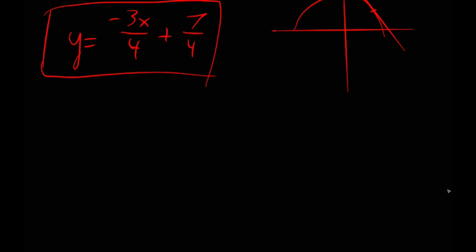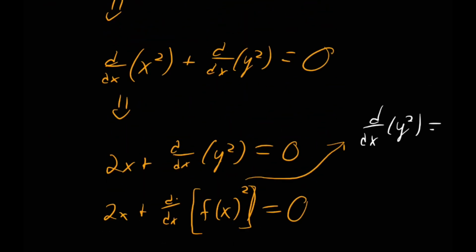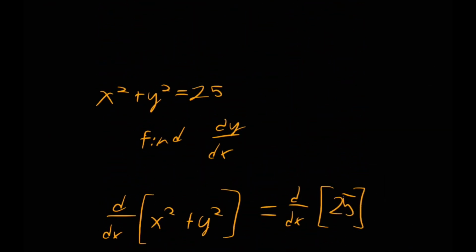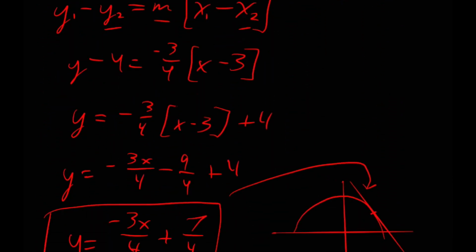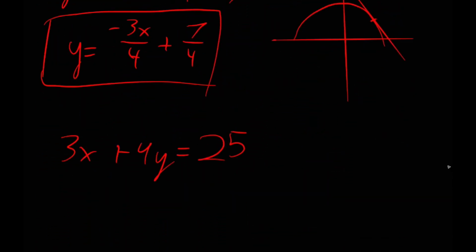We could write this in one other way, and that is 3x plus 4y equals 25. And hopefully that just straight up makes sense, because if we look back at our original equation of x squared plus y squared equaling 25, all we know now is that when we have our points, these are going to have to equal 25.